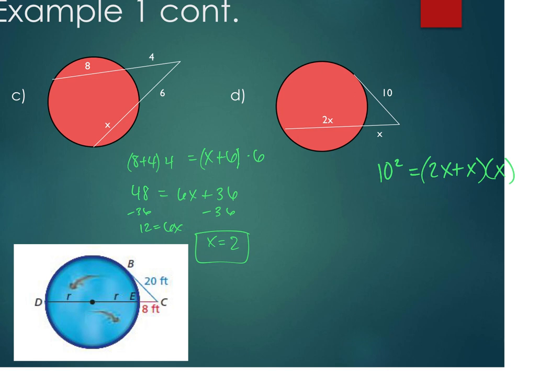I believe this one will also give us a quadratic. Let's just double check. So we're going to get 2x plus x, so this will be 10 squared, which is 100, equals, this will be 3x times x. So this will give me 100 equals 3x squared.